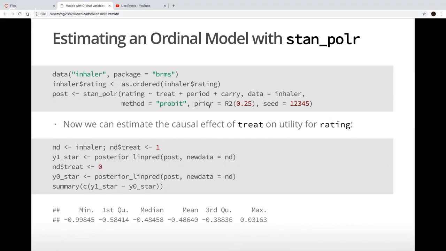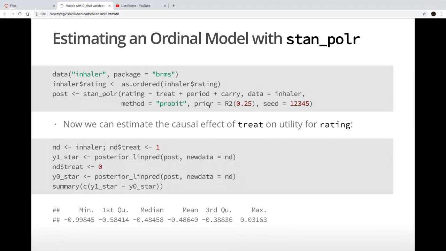Like stan_lm, the stan_polr takes its prior on R squared rather than on the coefficients directly. However, in this case, it's a bit more difficult to specify conclusively what you think the R squared is going to be, because it refers to what proportion of the variation in utility you think can be explained by the predictors in your model.